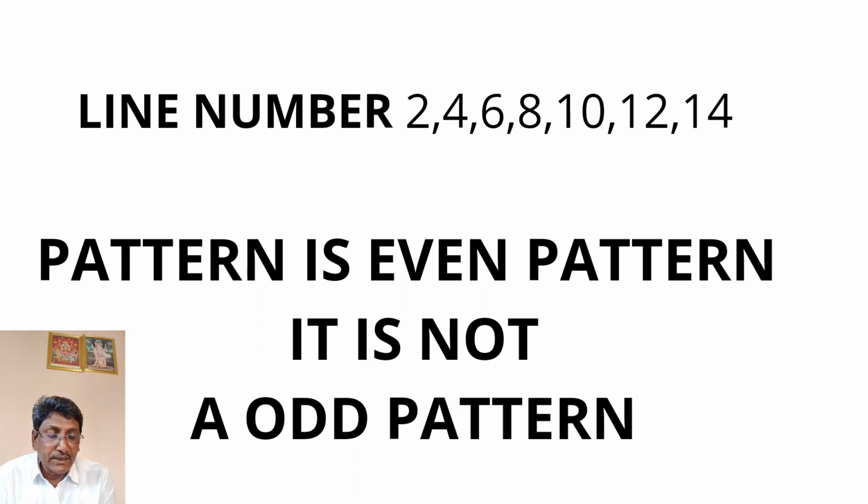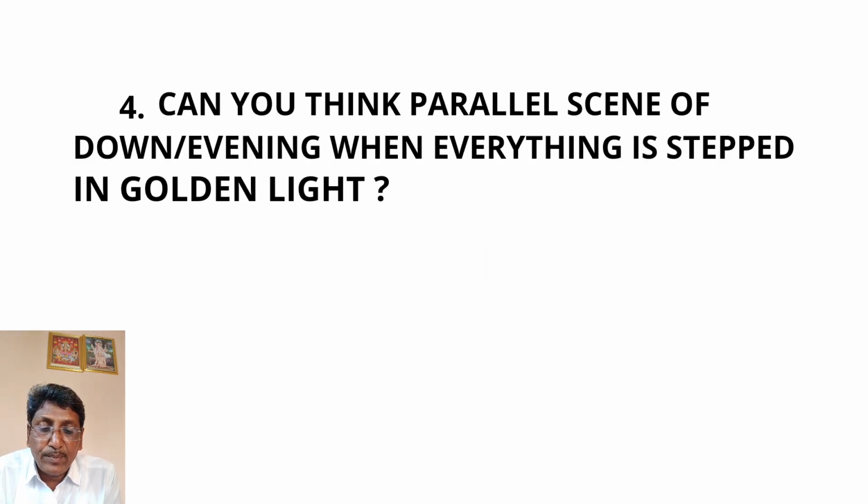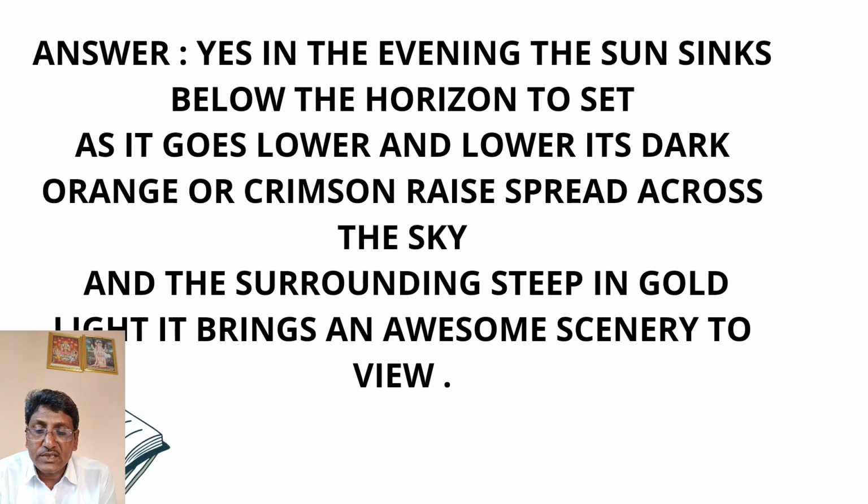Okay. And next I will go to activity number 4. Can you think of a parallel scene of dawn or evening when everything is steeped in golden light? So I will tell you the possible answer. Dawn means अरुणोदय म्हणजे सकाळ, evening म्हणजे संध्याकाळ. So I will tell the possible answer.